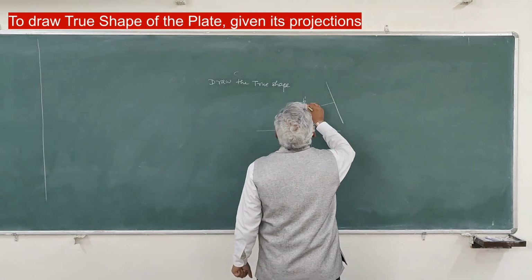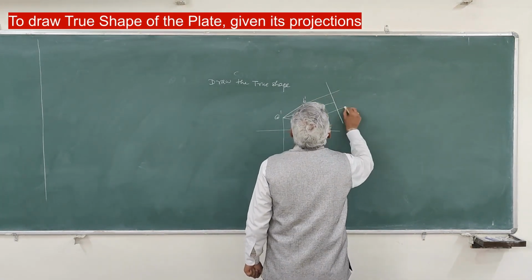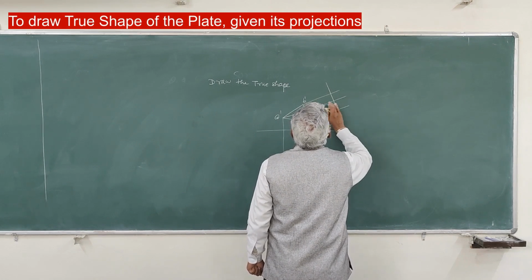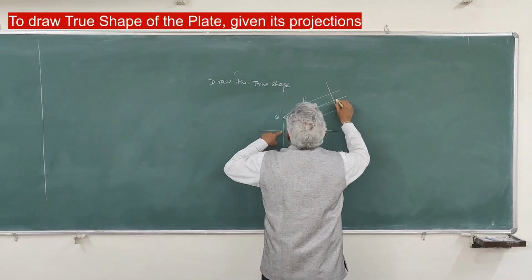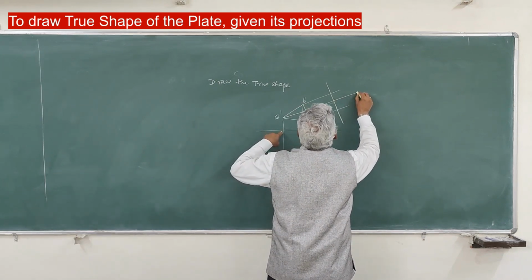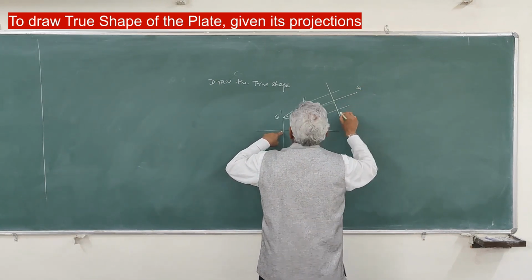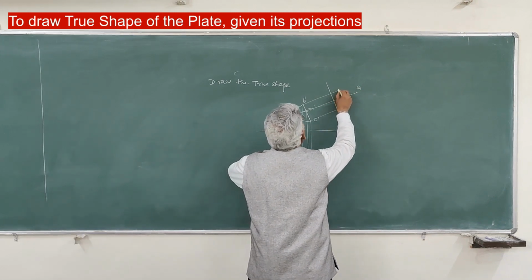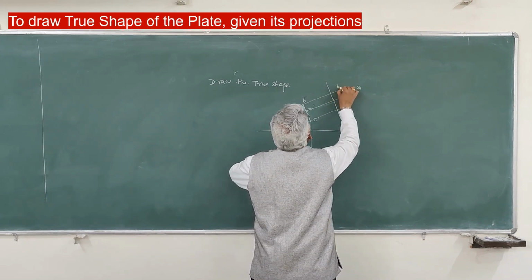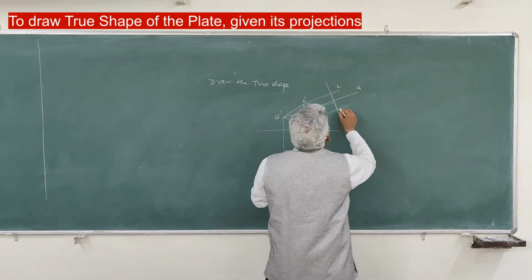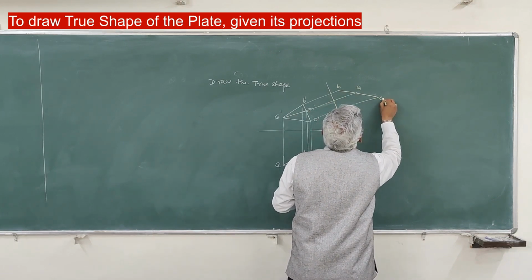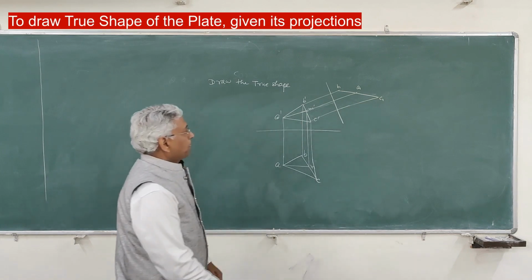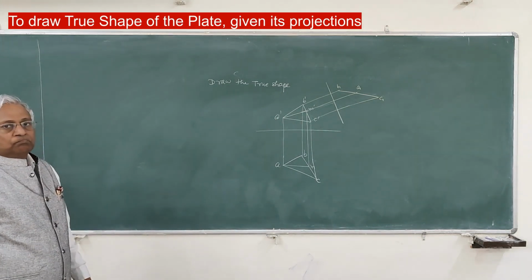And therefore, if you draw its projections here, if you draw the projection of this plate and measure this distance, A is here, A1, B is here, B1, and C is the longest one. So you get a line C. Right?